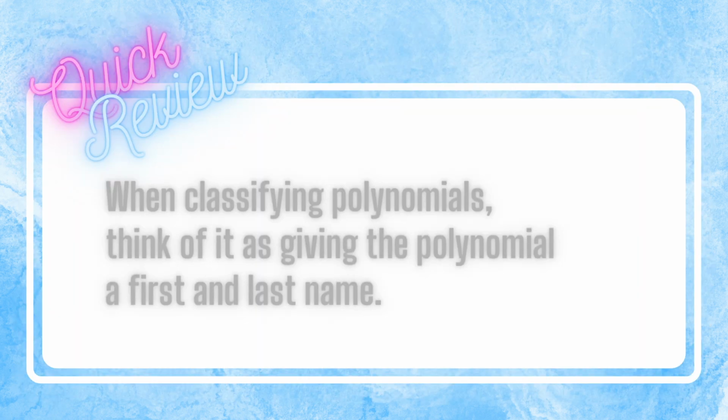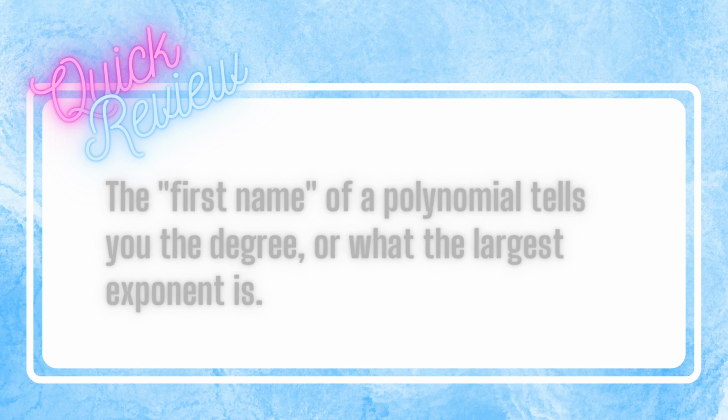All right, great job making it through the lesson. Let's do a quick review. When classifying polynomials, think of it as giving the polynomial a first and last name. The first name of a polynomial tells you the degree, or basically what the largest exponent is.